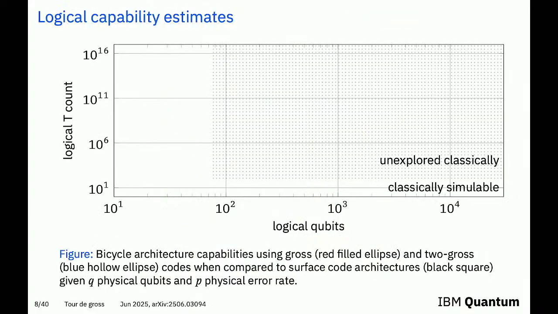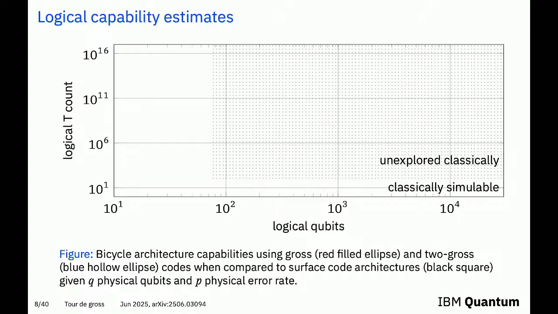Okay. So to convince you that building such a bicycle architecture, as we call it, has good capabilities, we have this plot that I will reveal slowly. We're going to estimate the logical capability of this bicycle architecture and compare it to a conventional surface code architecture.